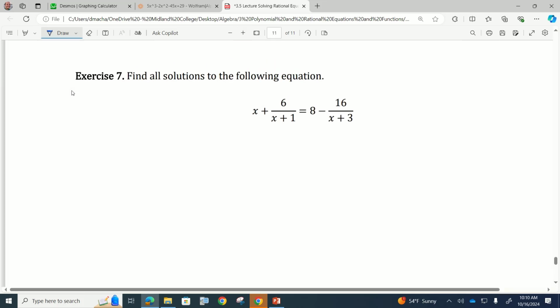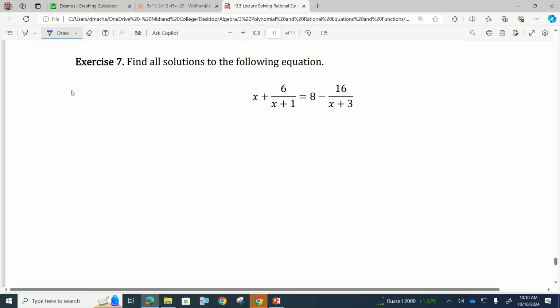Let's see. There's nothing to factor in the denominator here, right? So what I could do is jump straight into multiplying the whole equation times x plus 1 and x plus 3.